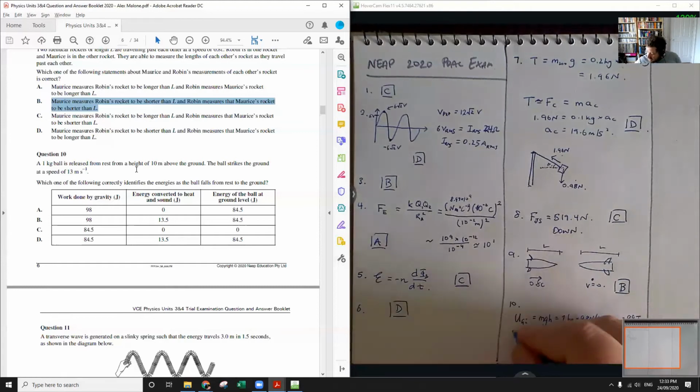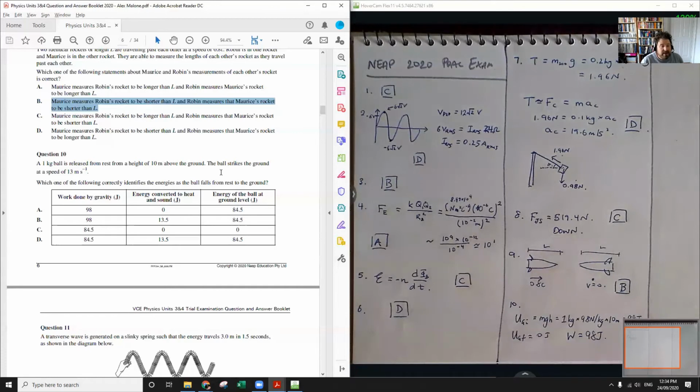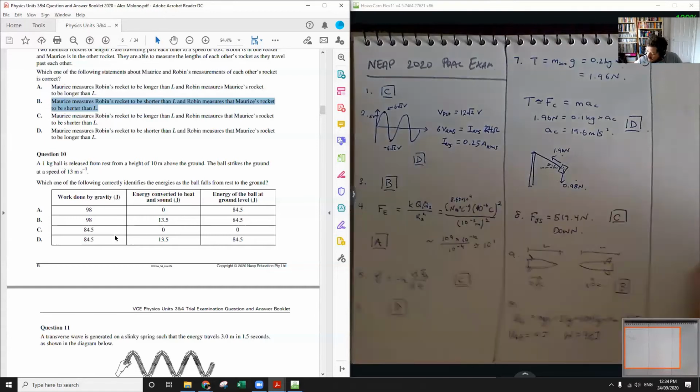And at the end, it has 0 joules. So that means gravity did 98 joules of work on this thing. Okay, so it's got to be A or B. But then not all of that work necessarily got put into the kinetic energy of the ball. So we need to work out how much kinetic energy it ended up with.